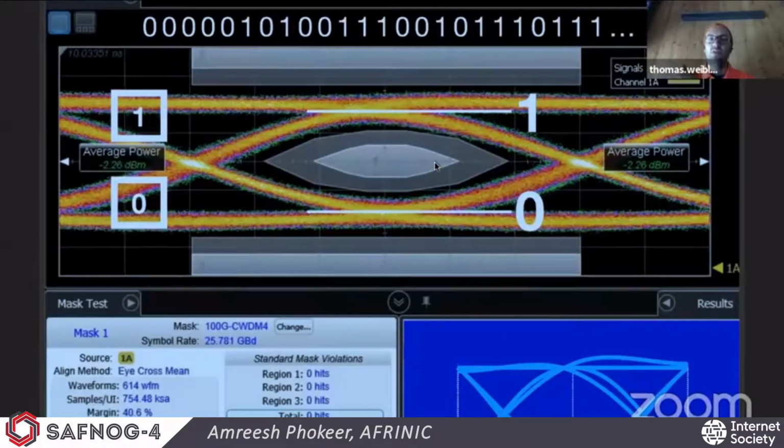So we need a really defined status there, either down to the bottom to 0 or up to the 1. So this shape makes the eye diagram actually an eye diagram. So we don't want to cross that eye.